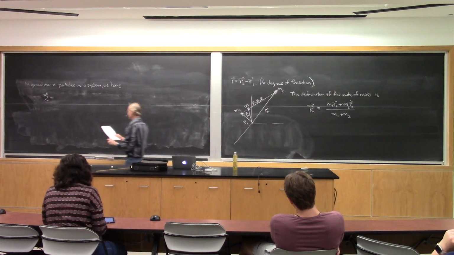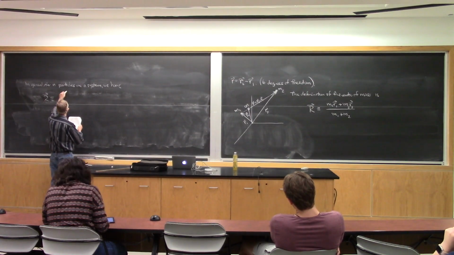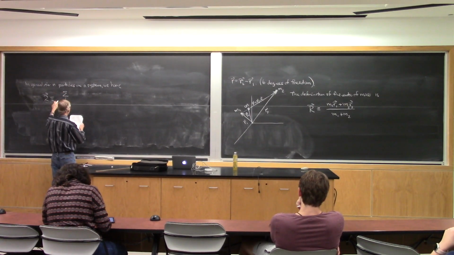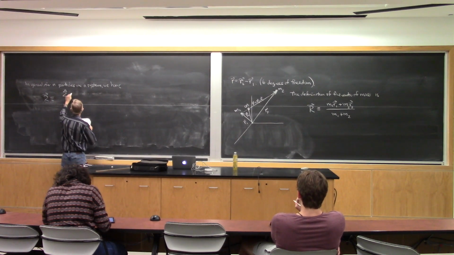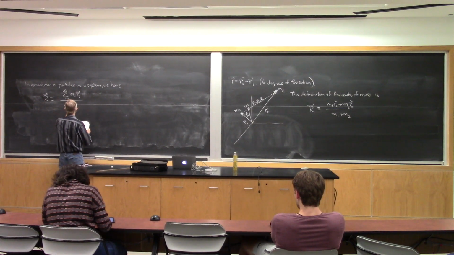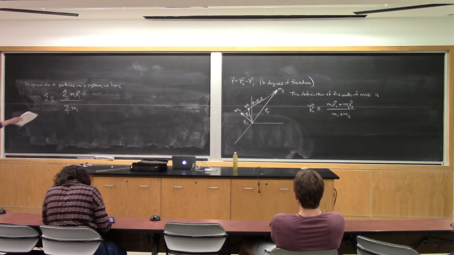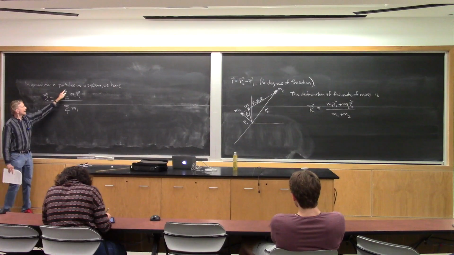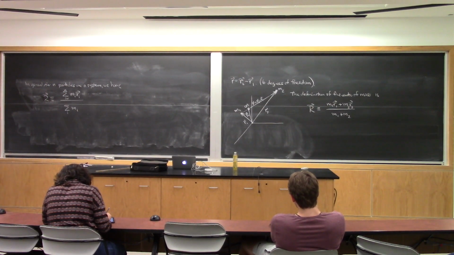So, in general, the center of mass vector is defined to be the sum from i equals 1 to the number of particles of m sub i r sub i divided by the sum of the masses of all the particles. That formula over there is just this formula for n equals 2, so there's only 2 terms on the top and 2 terms on the bottom.